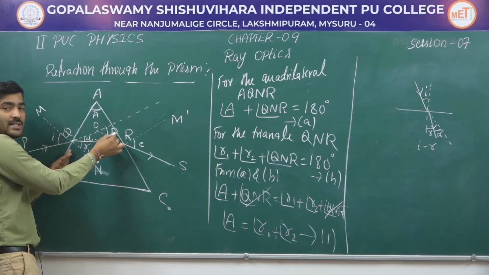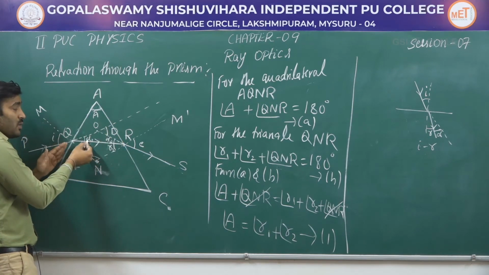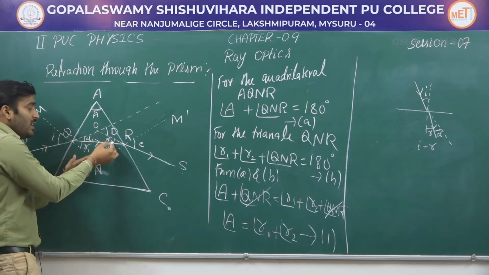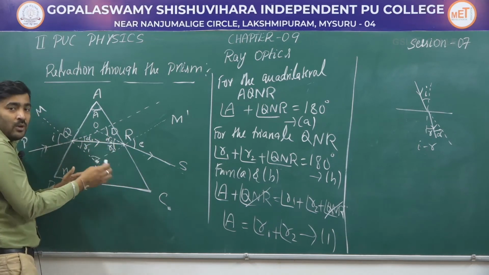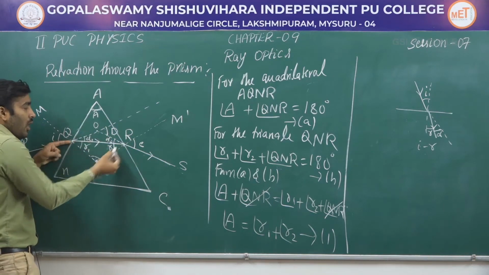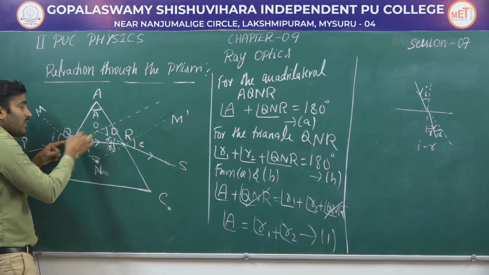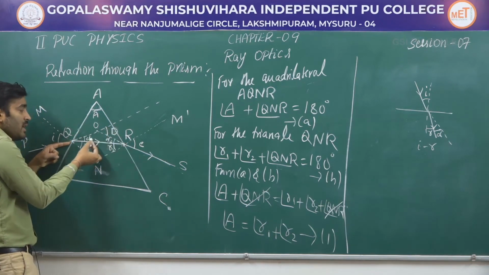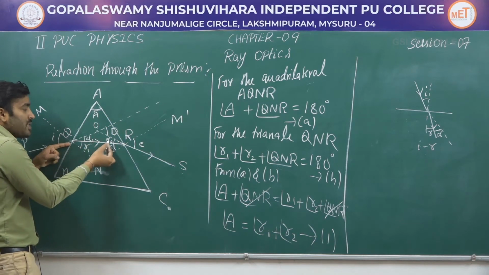The total deviation is given by the deviation produced for the first incidence, the deviation produced for the first refraction, and the deviation produced for the second refraction. You can take in that way, or geometrically you can say OQR is a triangle. For this triangle, D is an exterior angle. So this exterior angle will be equal to sum of the two opposite interior angles.